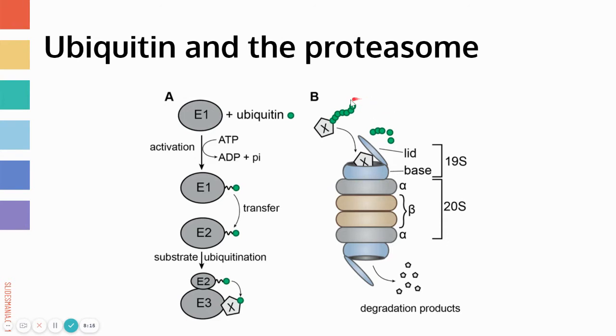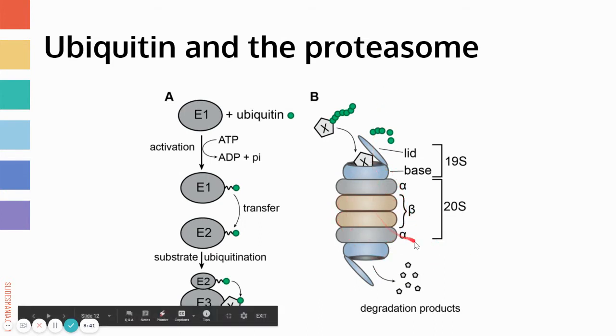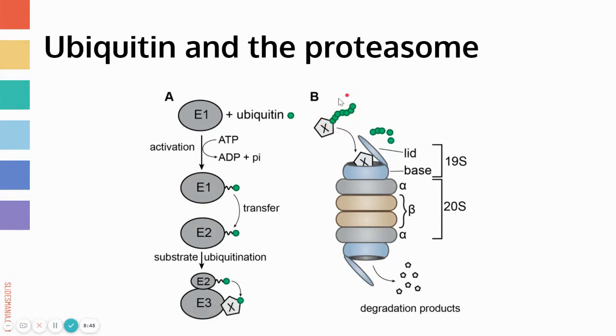So if we make a synthetic ubiquitin chain and put it onto a protein, it'll still work to send that protein to the proteasome. And we call that synthetic ubiquitin chain a degron. The name even makes sense because it's a degron tag, and the purpose of it is to signal to the cell this protein needs to be degraded by the proteasome. So a degron tag is a synthetic ubiquitin chain that should send that protein to the proteasome.